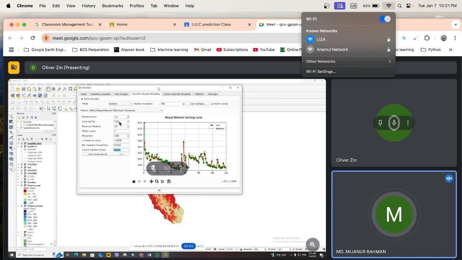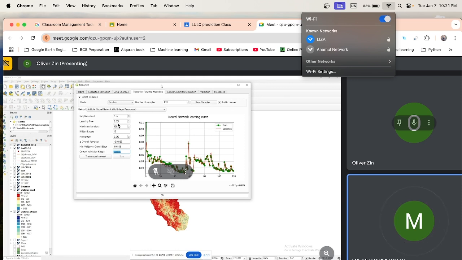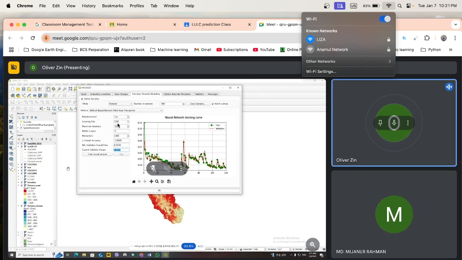Just try to increase the learning rate and then check what happens. Sir, is it related to my independent variables, distance to road, distance to stream? I created discrete categories of distances, using the default, like less than 272, 272 to 735 meters.